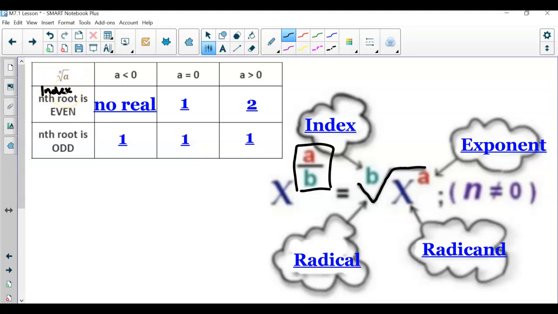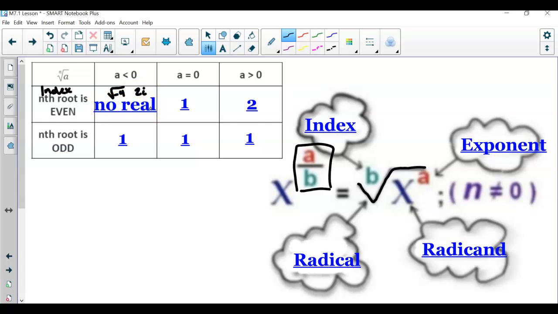So if the index is even, so that means our square root, fourth root, sixth root. So if you have, let's say, for example, the square root of a number that is less than 0, like negative 4. Well, remember, what did we always state? That there was no real solution because this was not just 2, but 2i. So this is no real here.